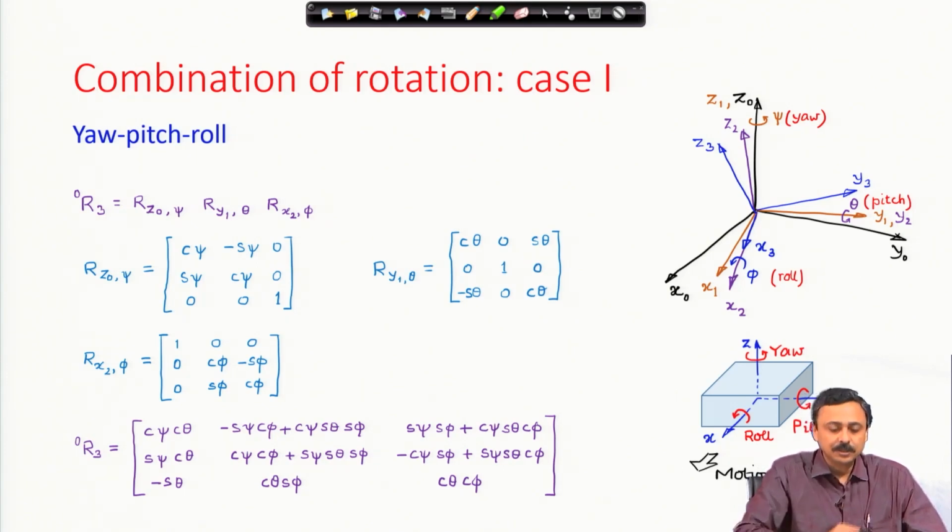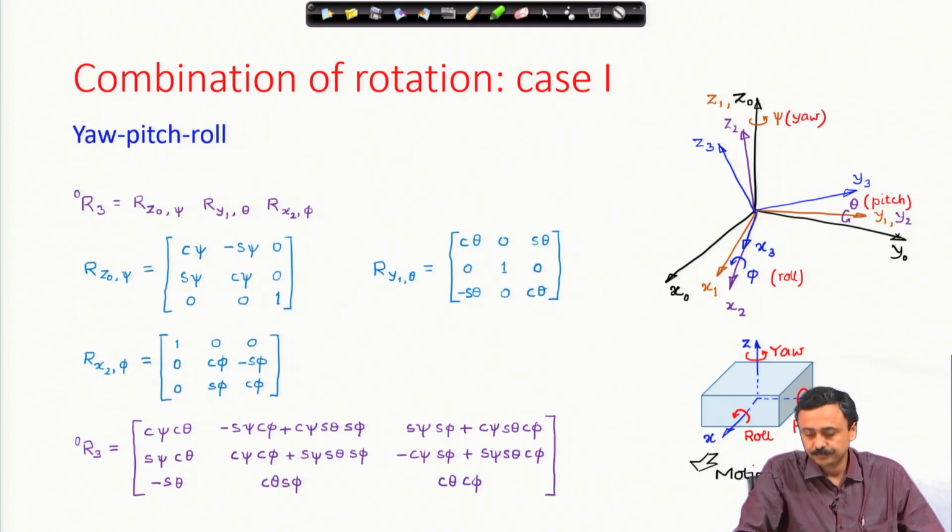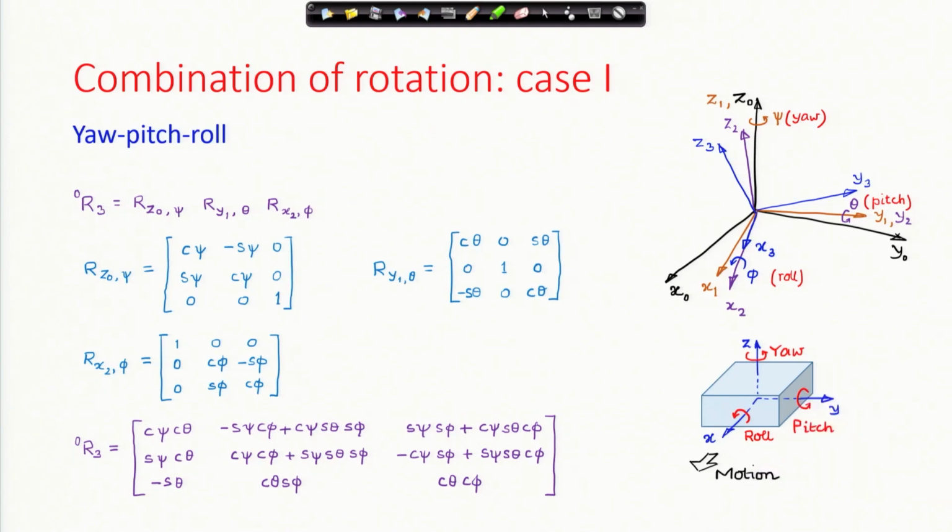and the dot product of each column with itself is 1, dot product of each row with itself is 1, and the dot product of one column with another, any one, is 0. Similarly, for the rows, this rotation matrix represents the orientation of frame 3 in frame 0. Why do I say that?